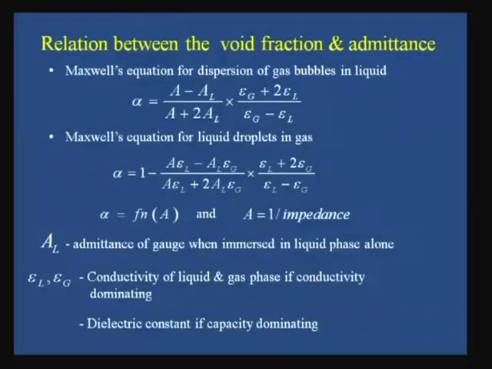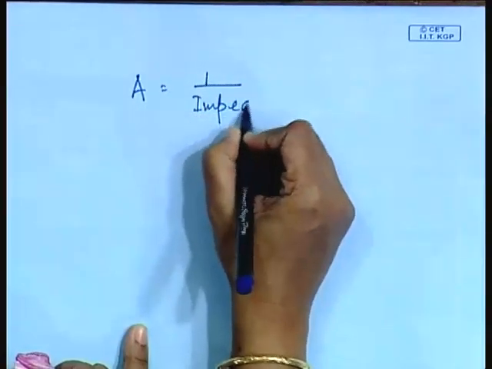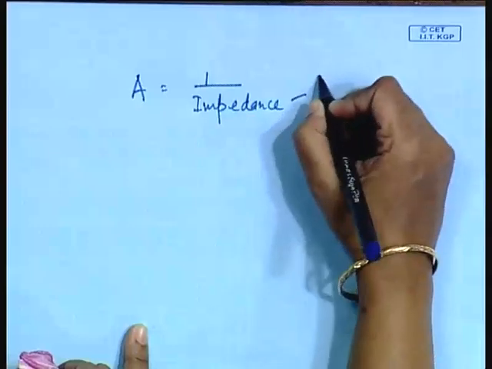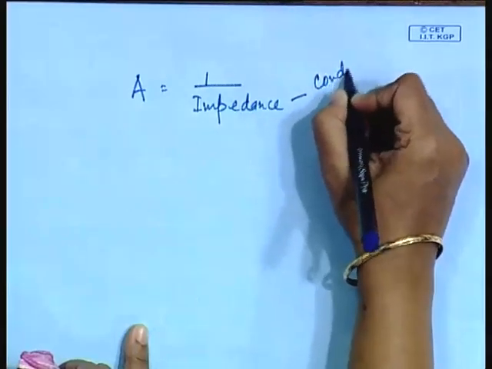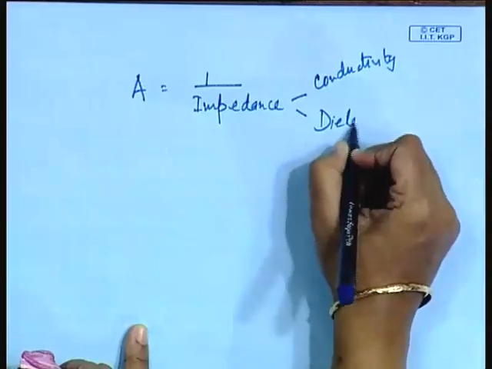So we need some sort of a relationship. Usually Maxwell's relationships are used for this purpose, because of the admittance, which is nothing but 1 by impedance. This I believe you already know, isn't it? Admittance A is equal to 1 by impedance, where this impedance can be conductivity or it can be dielectric constant.